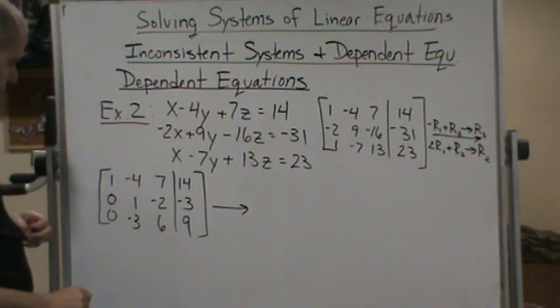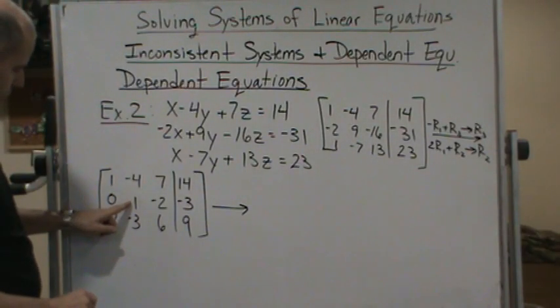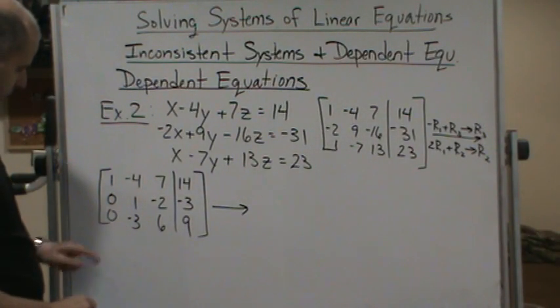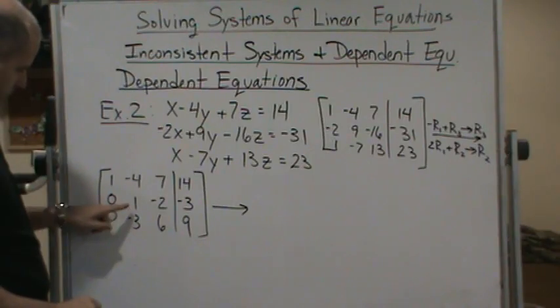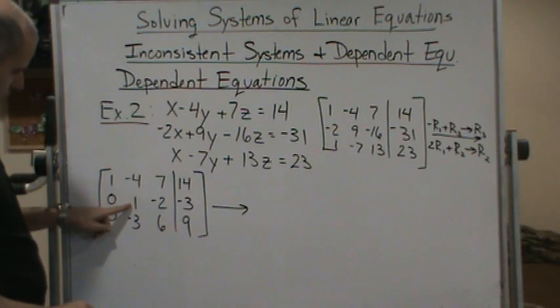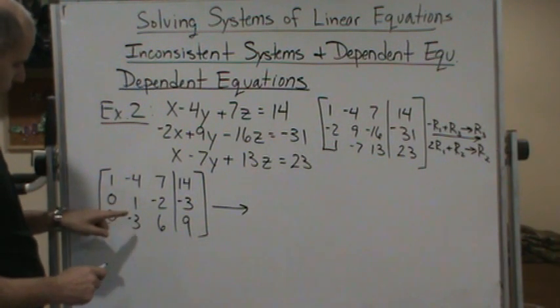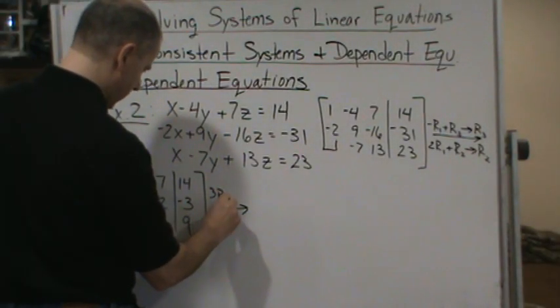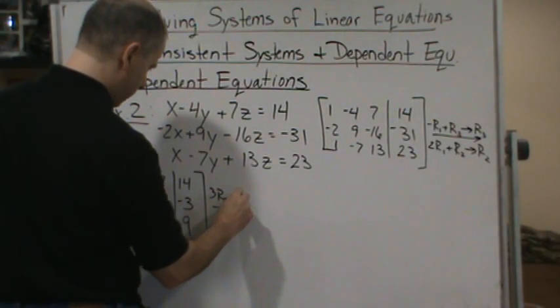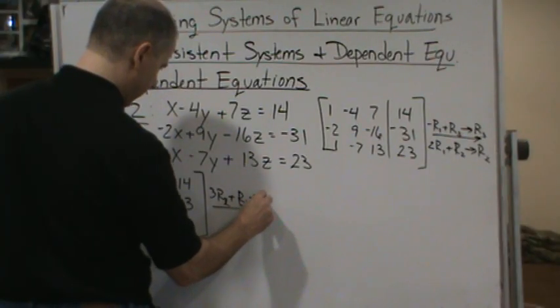This is already a 1, right? So that's good. I think I said -3, but it's just going to be 3. So 3 times row 2 plus row 3, and we're going to replace row 3.